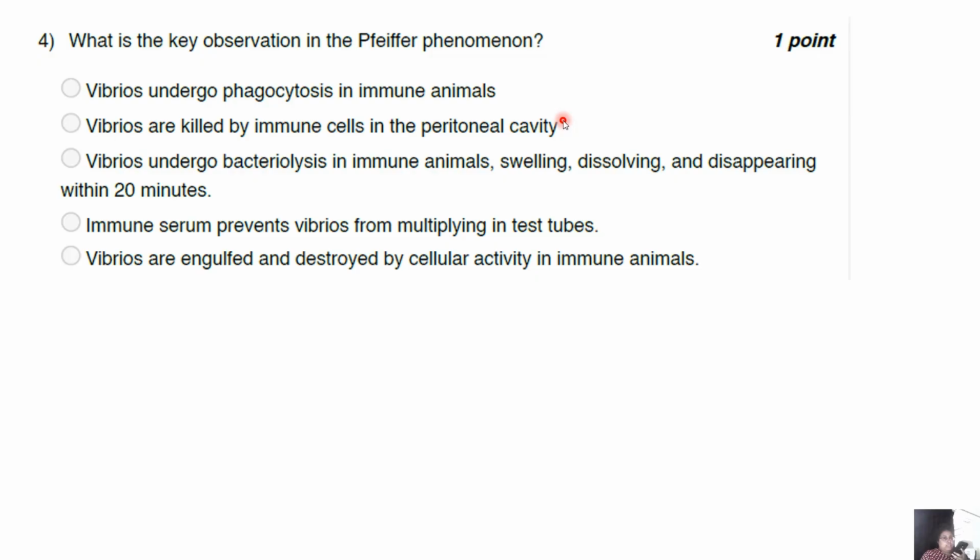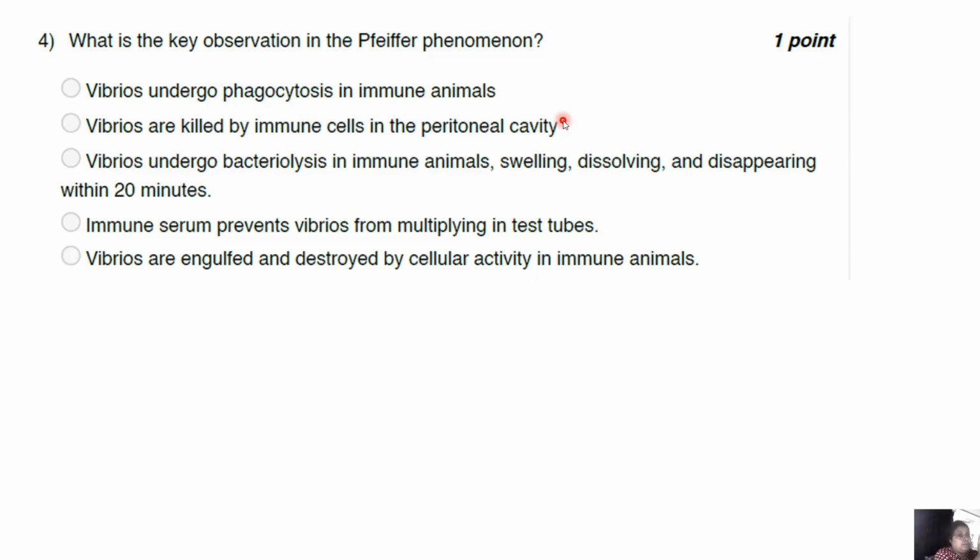What is the key observation in the Pfeiffer phenomenon? The options are A. Vibrios undergo phagocytosis in immune animals. B. Vibrios are killed by immune cells in the peritoneal cavity. C. Vibrios undergo bacteriolysis in immune animals, swelling, dissolving, and disappearing within 20 minutes.